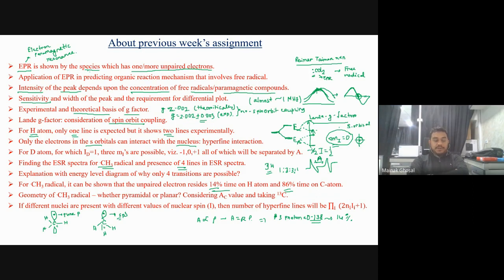Why? Just like I have said, their interaction with the nucleus will not happen, because a p orbital has a node at the nucleus.